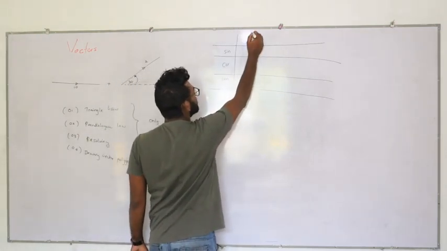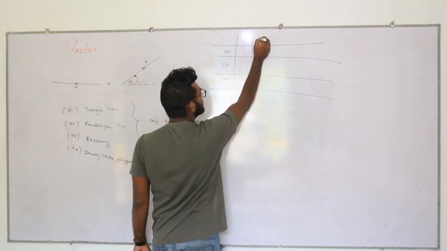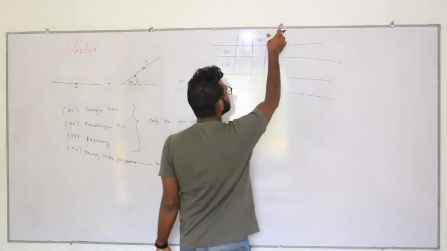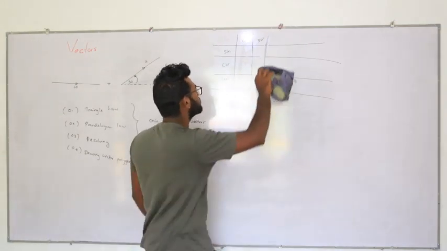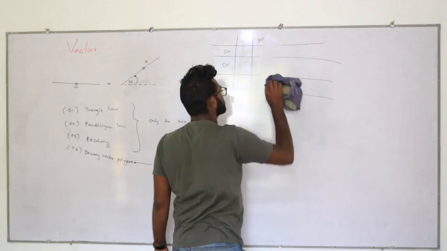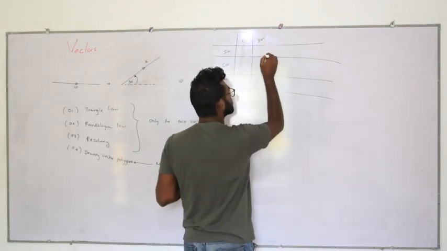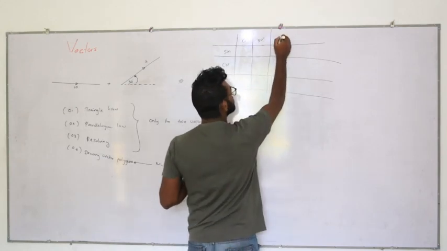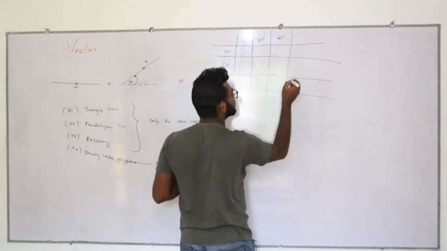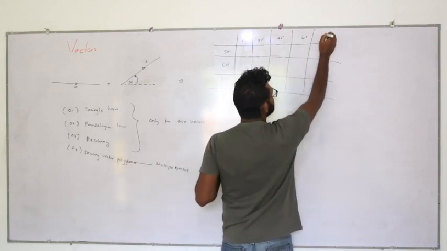We should especially remember 0 degree, 30 degree, 45 degree, 60 degree, and 90 degree.